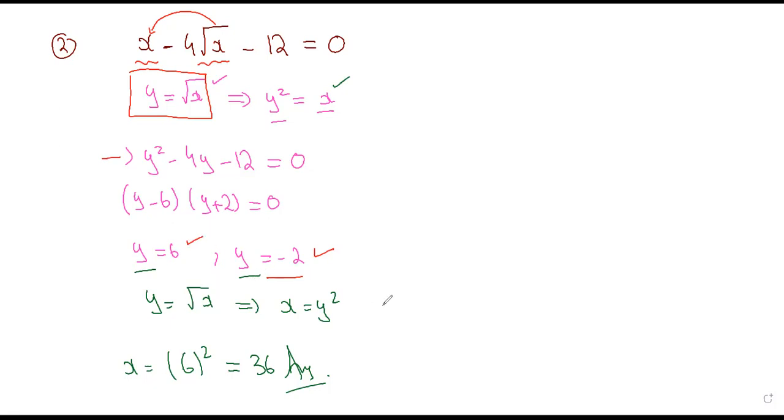Now what is happening here? When I'm saying y is equal to 6 and y is equal to minus 2, it means that 6 equals root x, and then we have minus 2 equals root x, right? These are the two things we have.